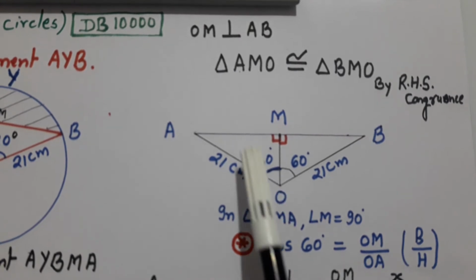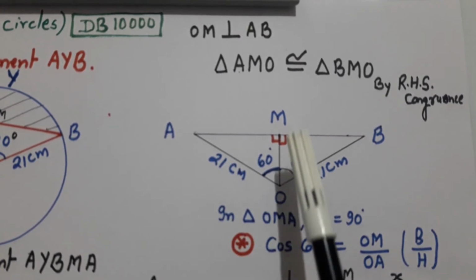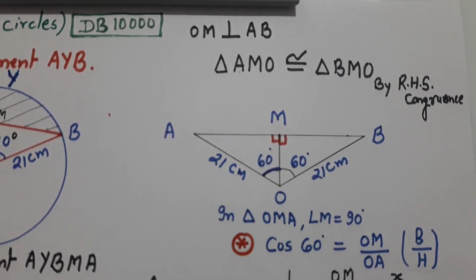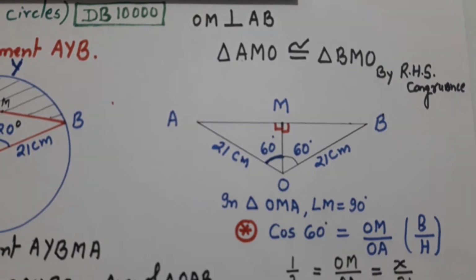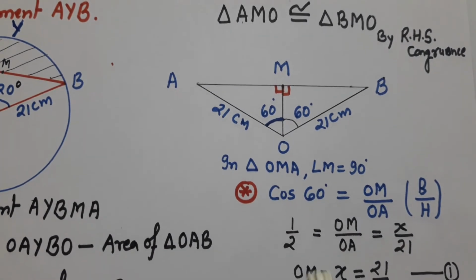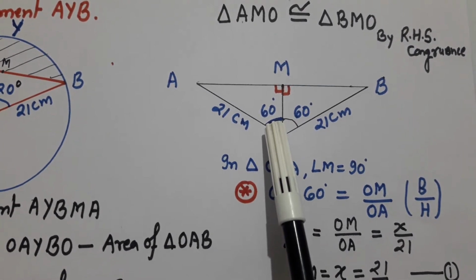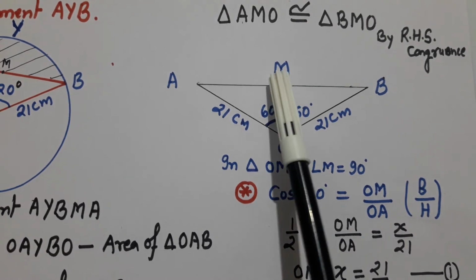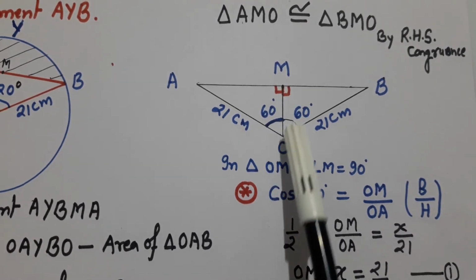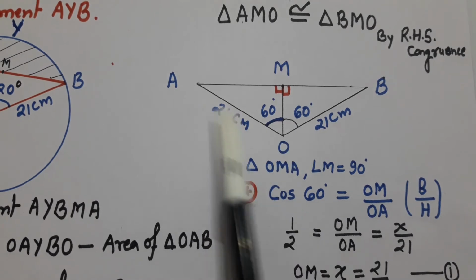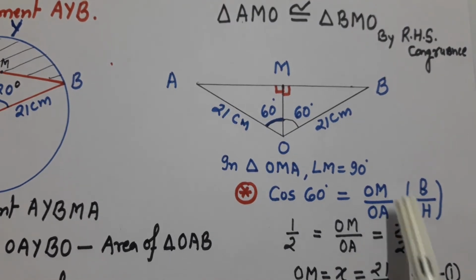Then in this right angle triangle OMA, angle M is 90 degrees. We will apply the cosine formula: cos 60 equals base upon hypotenuse, OM upon OA.